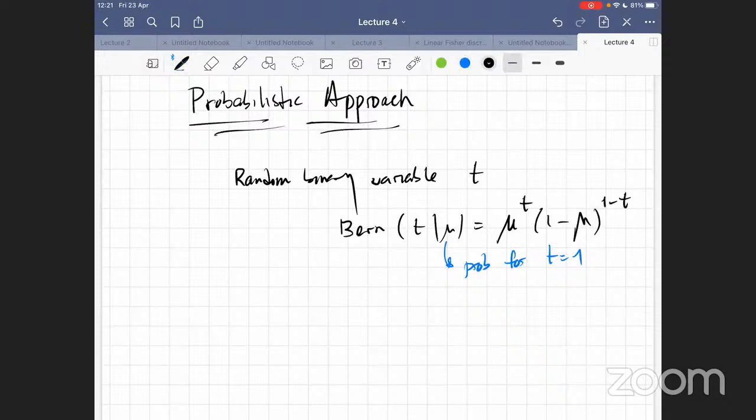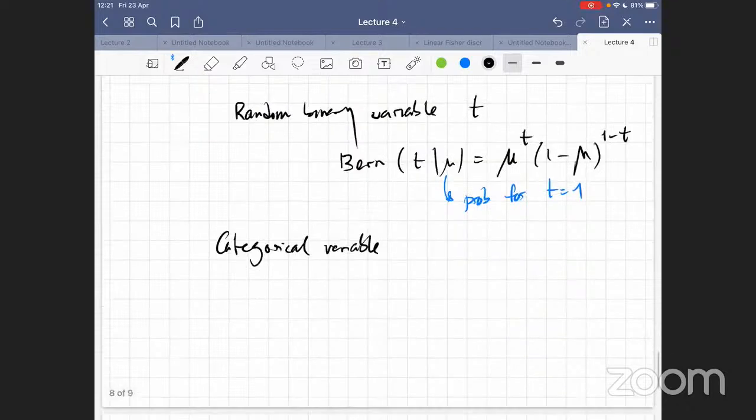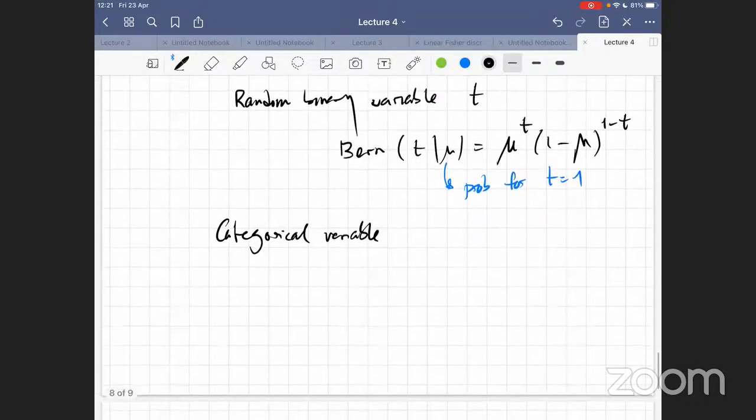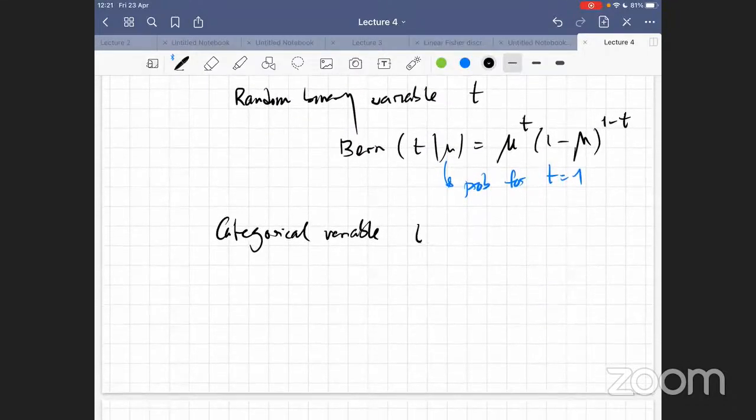And also for the case of a categorical variable, instead of binary, a categorical variable with k classes. Let me put the variable in this one-hot encoding fashion, or this 1-to-k scheme. Then you remember that we wrote the generalized Bernoulli, or the categorical distribution.